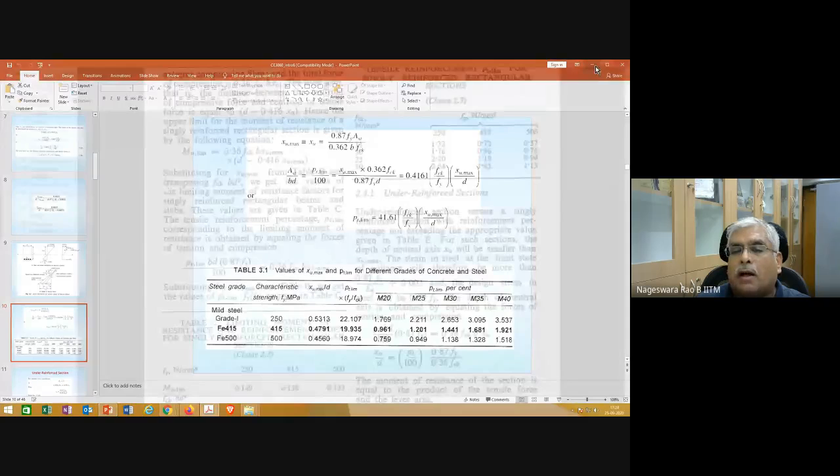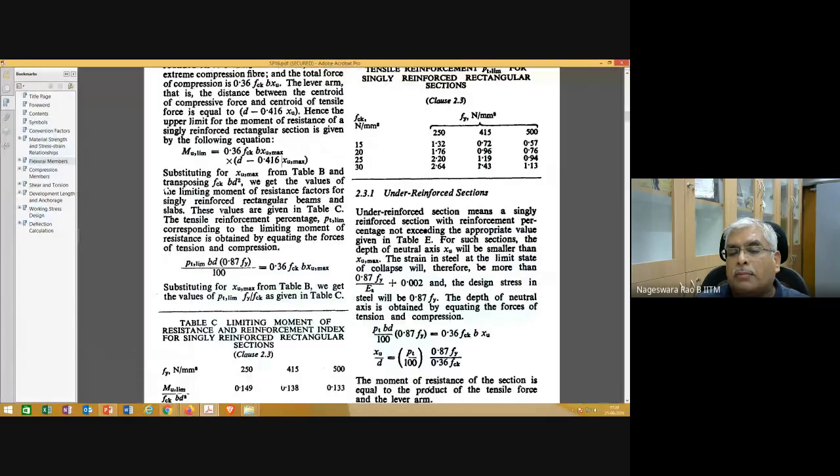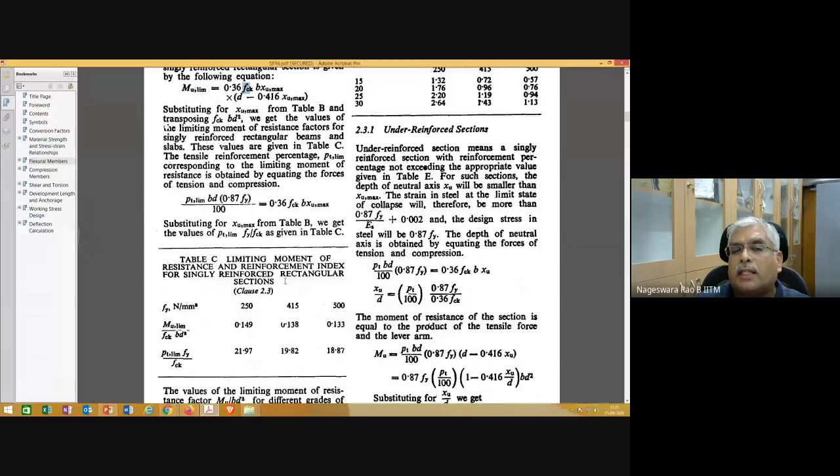This equation can be rearranged and brought into that form. These two equations are here. This is a function of xu max, and this is a function of fck and also xu max. xu max is a function of the grade of steel, and fck is a function of the grade of concrete. So a table can be prepared, and that is what is done here.